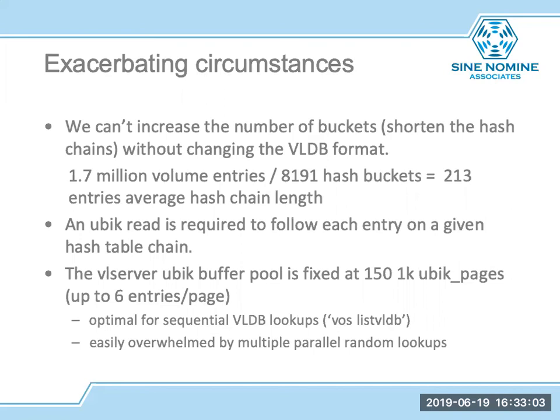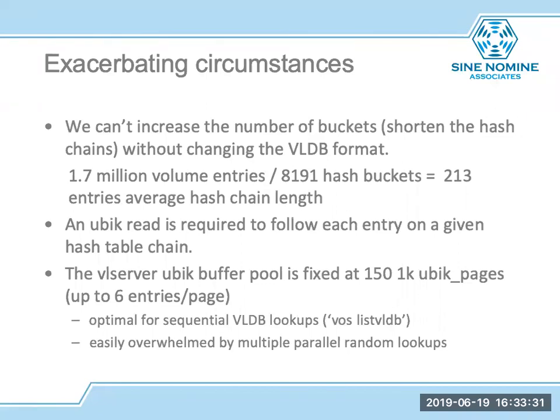I got that 1K page, I got that 1K page, one page just for one person. I'm not the only person that's doing lookups. If this VLserver has multiple threads, then it may be chasing 100 or 200 entry hash chains for 100 different lookups all at once. So this buffer pool is clearly inadequate to help with reducing the I/O at that point.